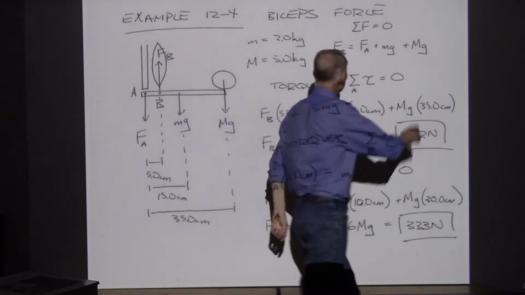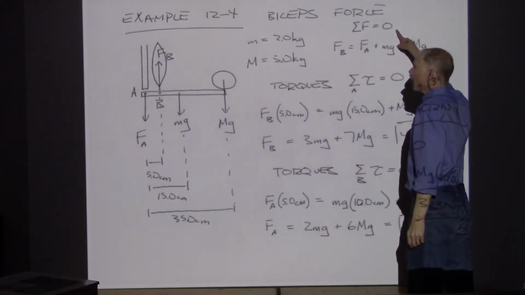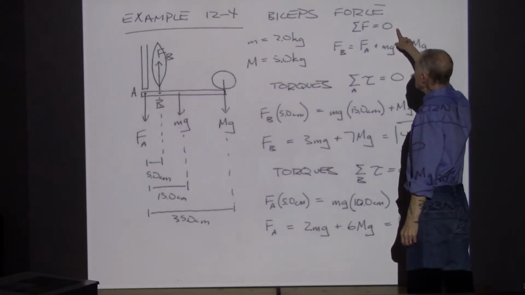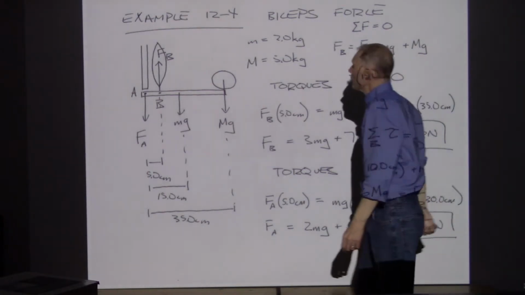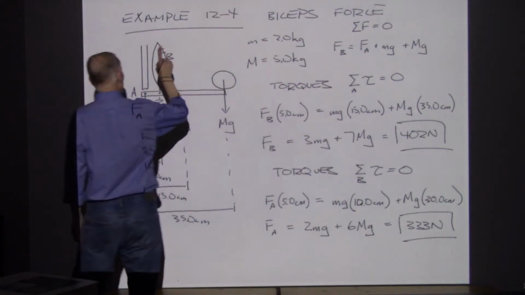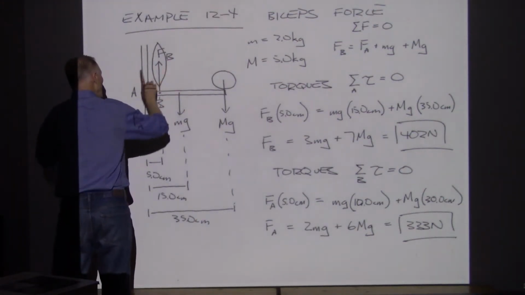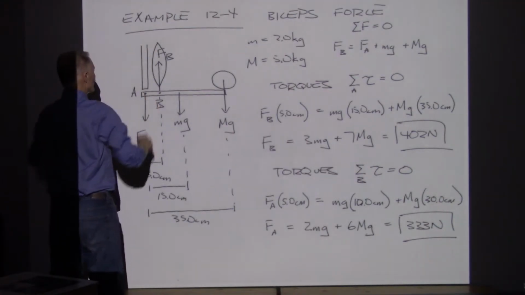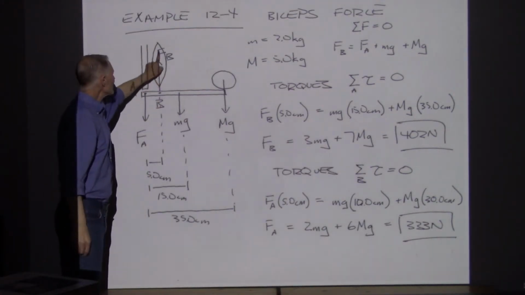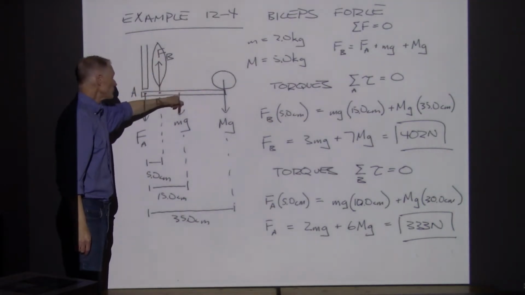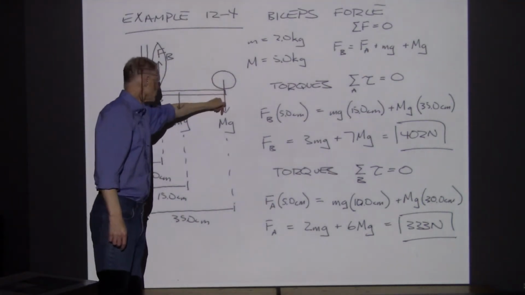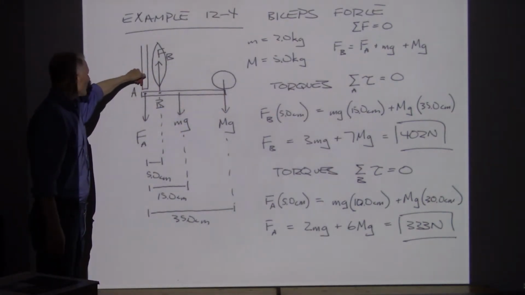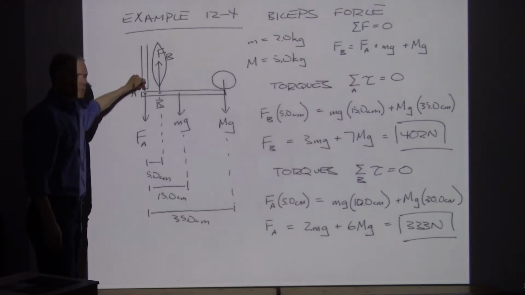Now, when we do the sum of the forces, that's always a good place to start. The sum of the forces tells us that all the upward forces have to be equal to all the downward forces. And the muscle is lifting up, but mg is down, and big mg is down. And even the force of the bone needs to be downwards.